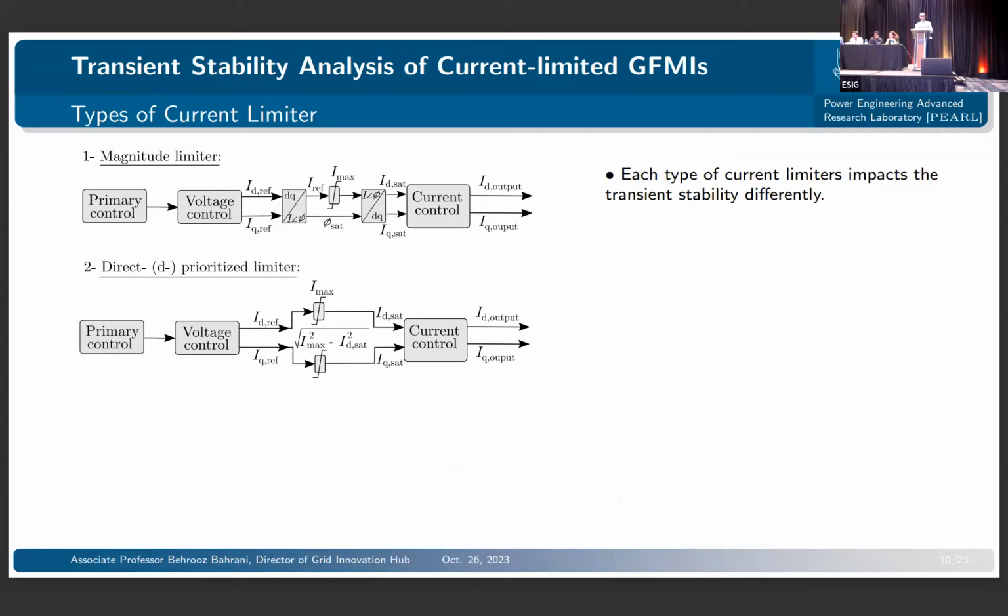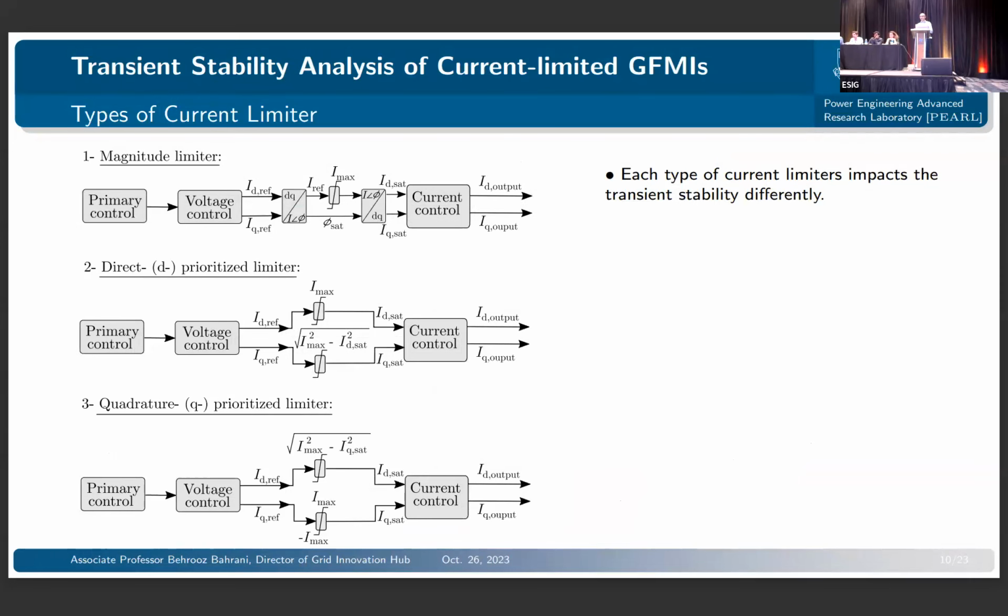One is a D-prioritized limiter. You prioritize your D component of the current, and then if you've got any further space, you go for Q injection. And the last one is the Q-prioritized current limiter, which is essentially the dual of D-prioritized. You prioritize your Q injection.